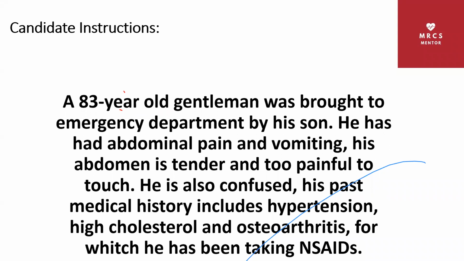When he asks you how to manage this patient, if you mention proton pump inhibitors, the next question will be how do proton pump inhibitors work? But overall, you can categorize and be specific in your answers.